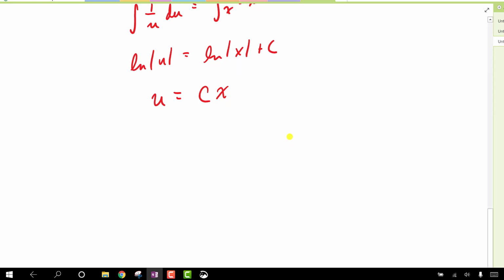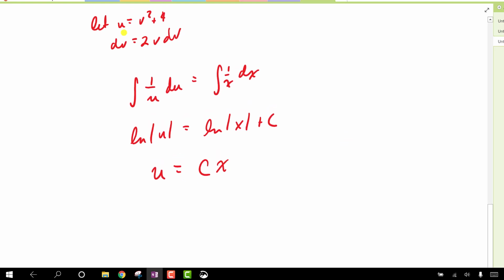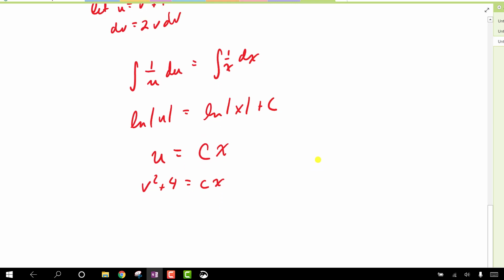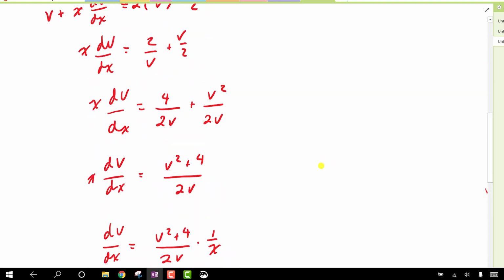So we have that u is equal to c times x, but u wasn't the variable we were asked to solve for. So we have to back substitute to write u in terms of v. Well, we're not done yet, because v wasn't our variable either. So in this case we had two substitutions.